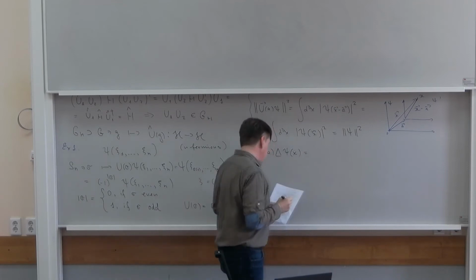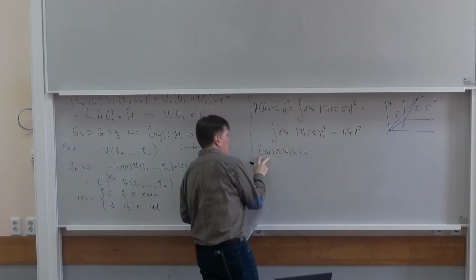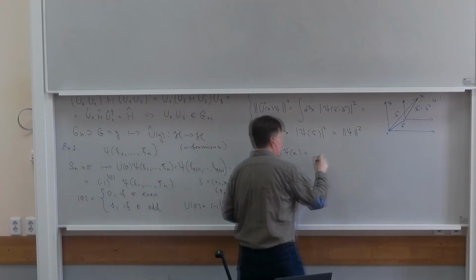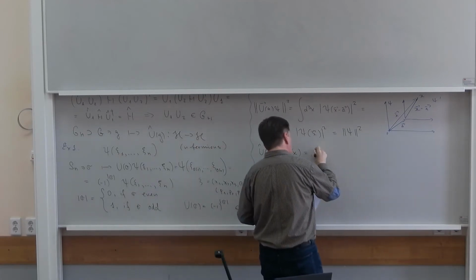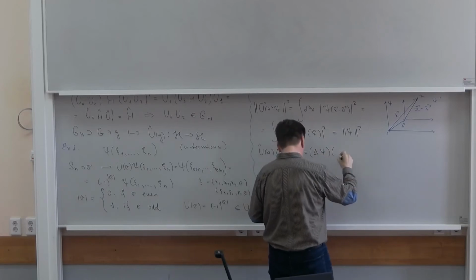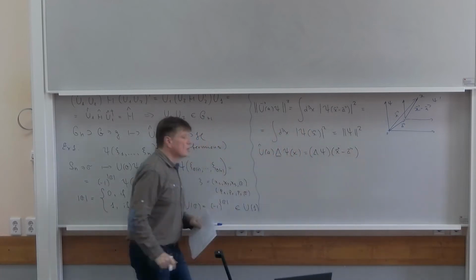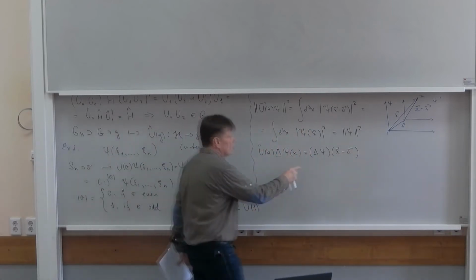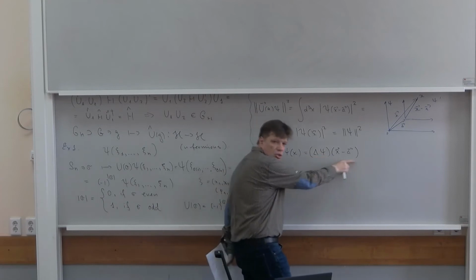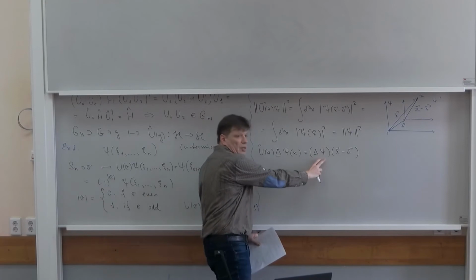By definition of U, I get the Laplacian of psi of x minus a. So I first differentiate and then shift the argument of the result of differentiation, right?